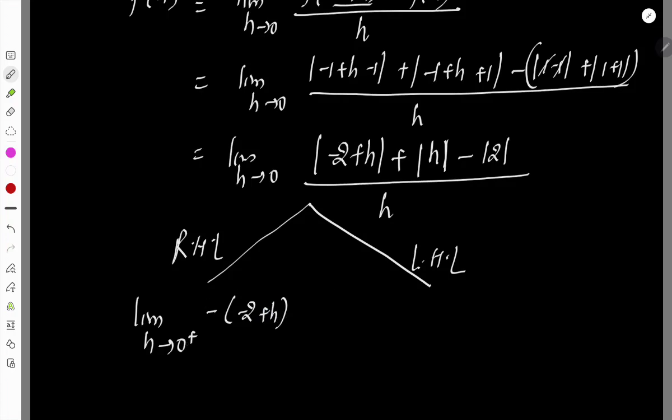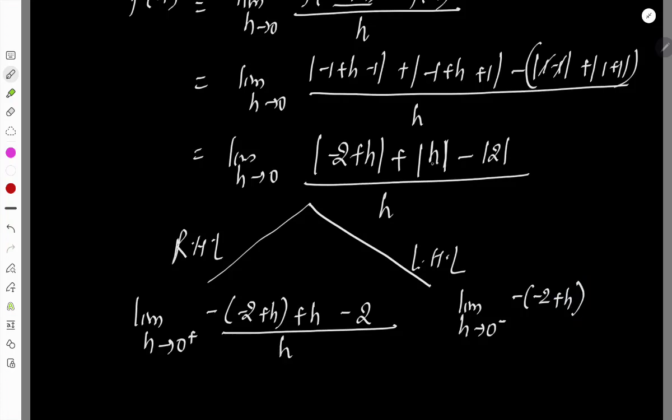This will be 0 plus, so open with the positive sign, plus h minus modulus 2 which will be 2 only, divided by h. LHL: limit h tending towards 0 minus, just less than 0, so still it is negative, open with minus of minus 2 plus h, and 0 minus means we need to open this one with minus h, minus 2, divided by h.